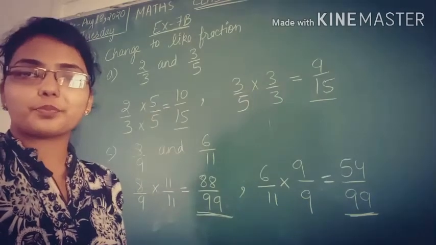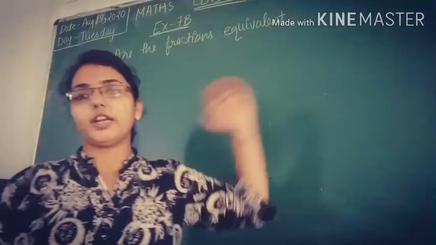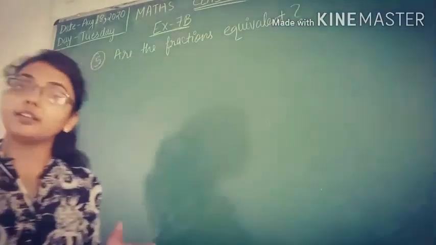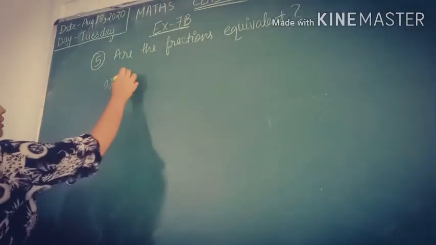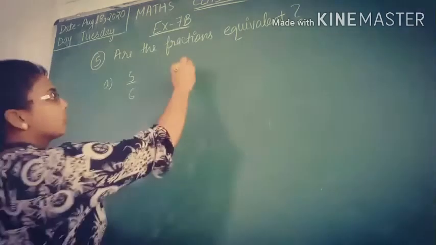Okay, the next question is, are the fractions equivalent? आपके क्वेश्चन में पूछा गया है क्या फ्रैक्शंस इक्विवेलेंट हैं, दैट मीन्स इक्वल है. लेट्स फाइंड इट आउट. योर ए पार्ट इज 5 by 6 and another is 15 by 12.